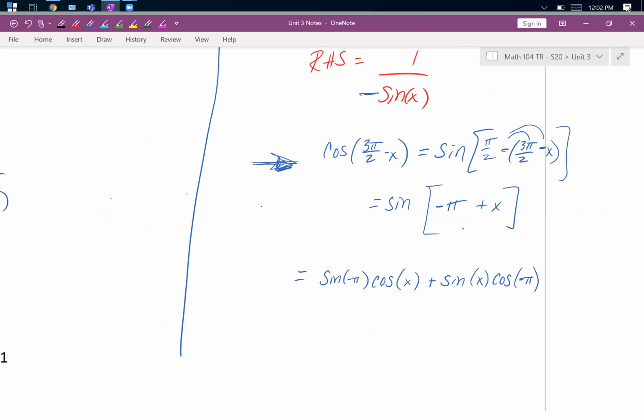I almost feel like it would have been easier if I flip-flopped this argument so I didn't have all these negatives, but I'm just going to go with what I have. Sine of negative pi, using our negative angle identity, is negative sine of pi. And cosine of negative pi is the same as just cosine of pi.